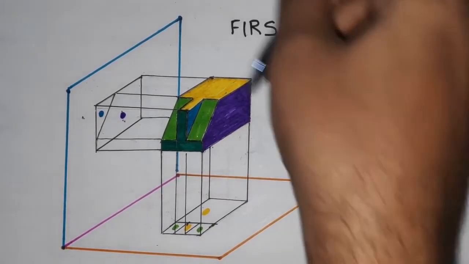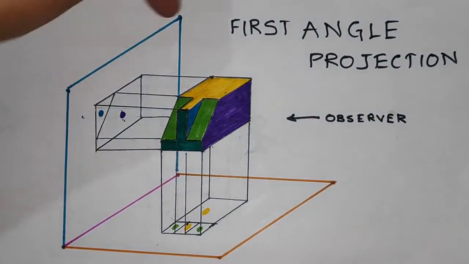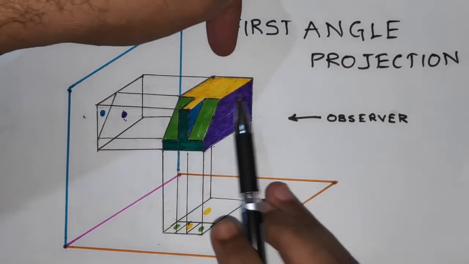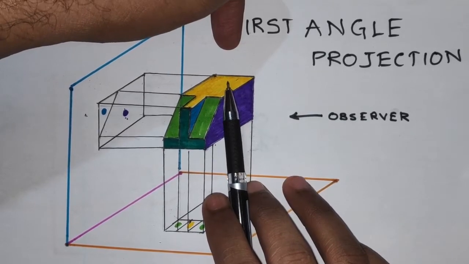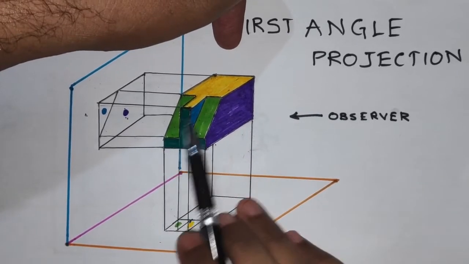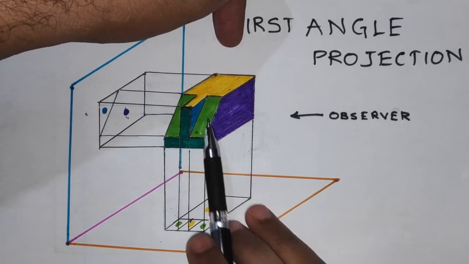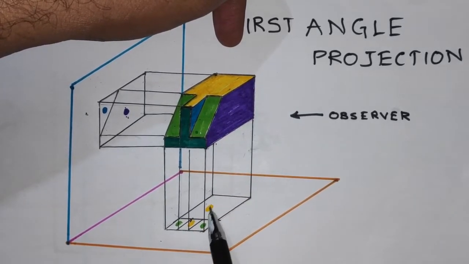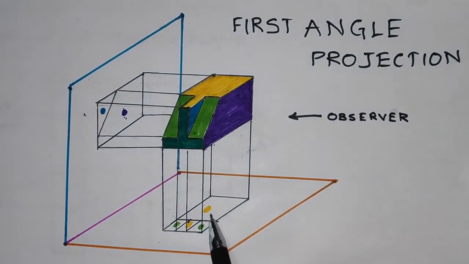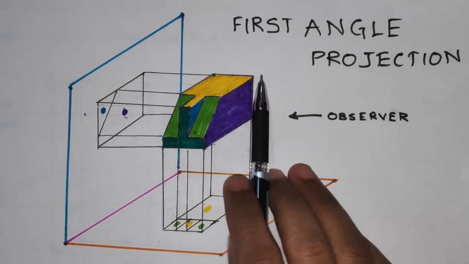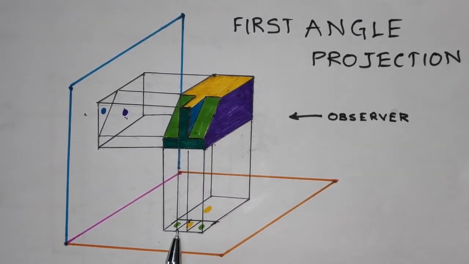Now when the observer goes and sees from the top, first he sees this yellow top face. Along with that, he also sees this angled green face. So this figure shows the top view of this object. The planes marked with yellow color indicate this yellow face, and here I have shown these two green faces projected with small green dots.